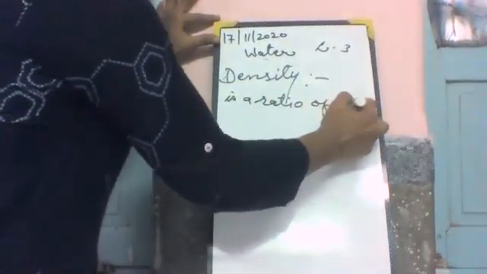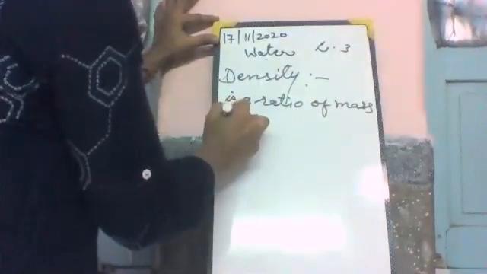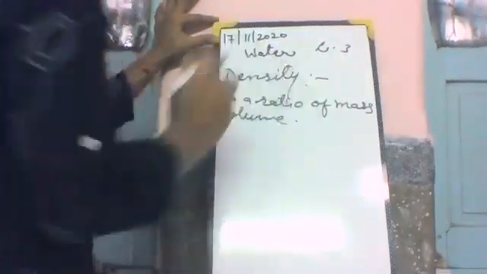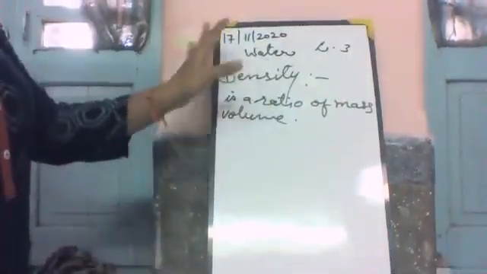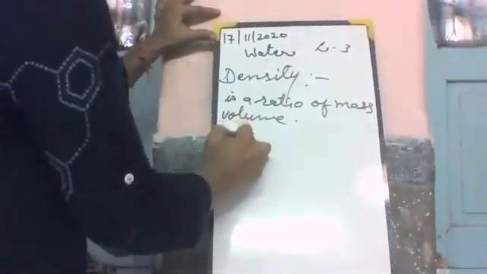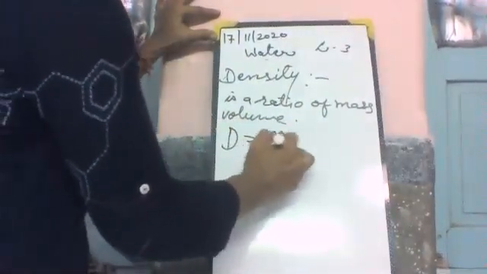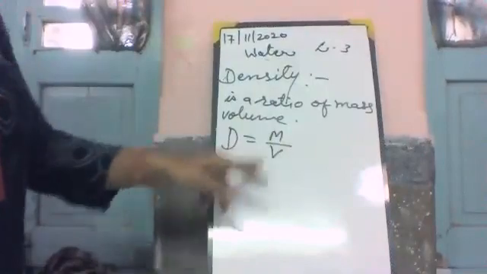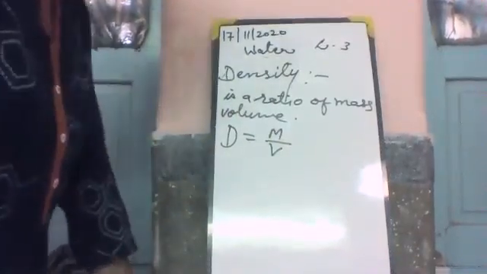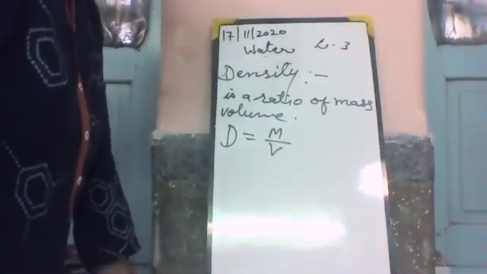This ratio is known as density. We can write it this way: the ratio of mass and volume is known as density.